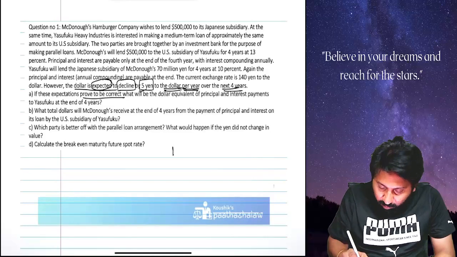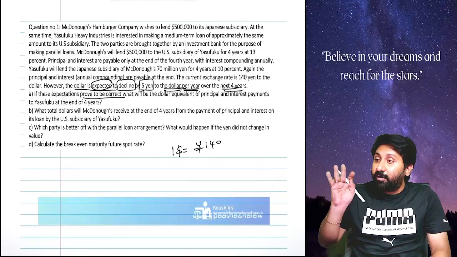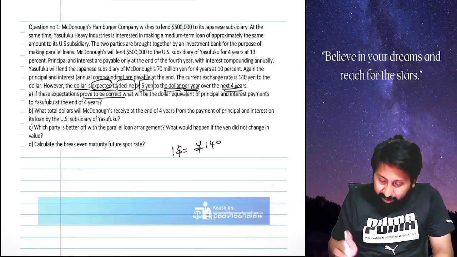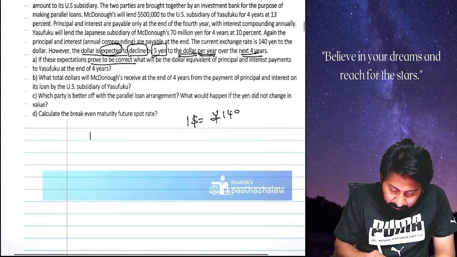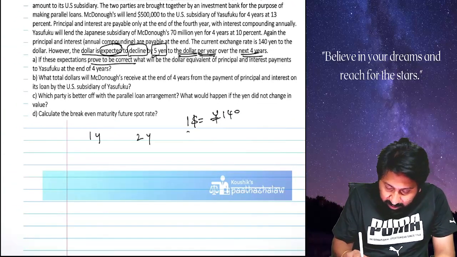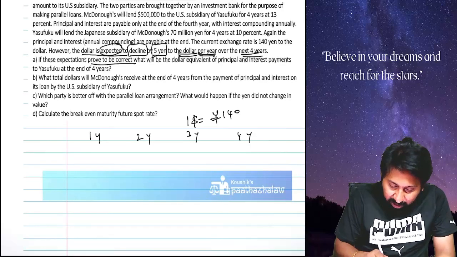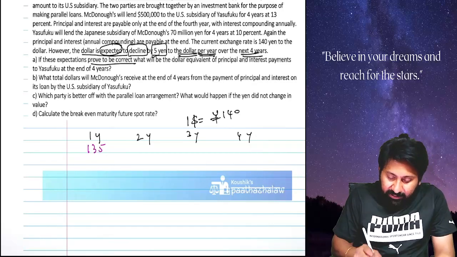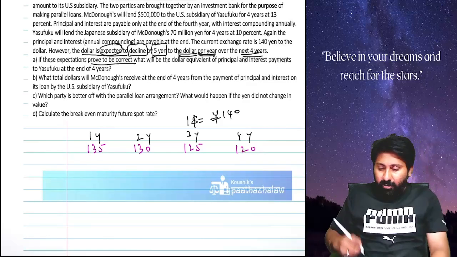Means $1 equals 140 yens, and the dollar will depreciate 5 yens every year. So 1 year, 2 years, 3 years, 4 years: after 1 year, dollar to yen is 135, 130, 125, 120.